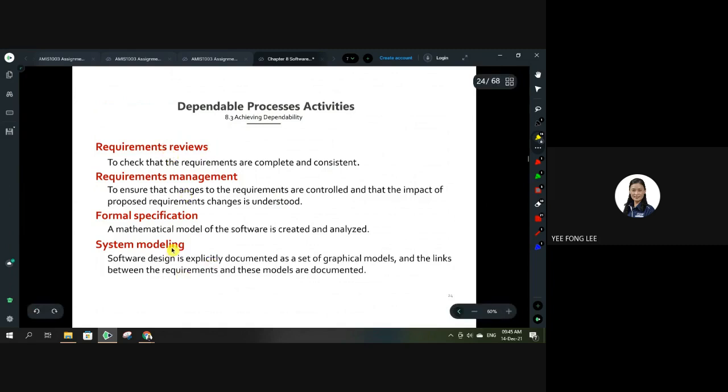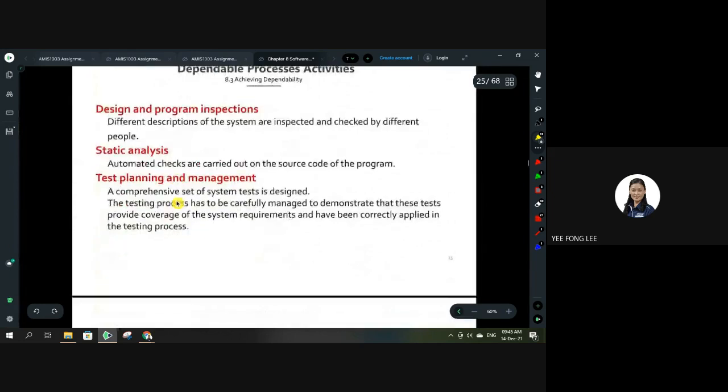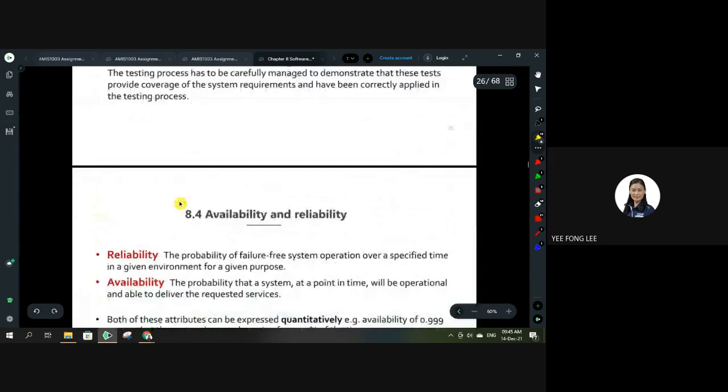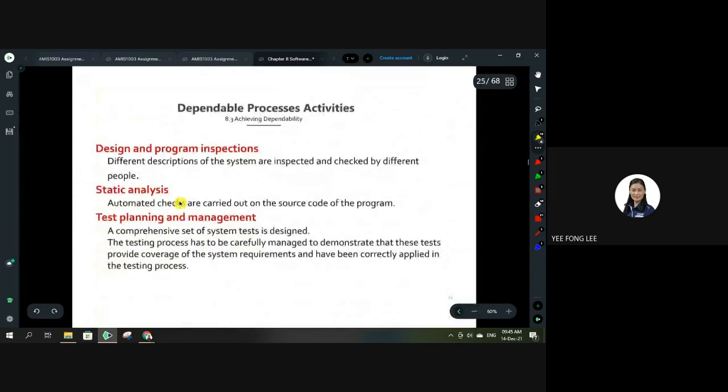In the following slide, some of the activities that might be included in the dependable process are listed here. This is for your reference, so you can go through all of these. These two slides show the dependable process activities.